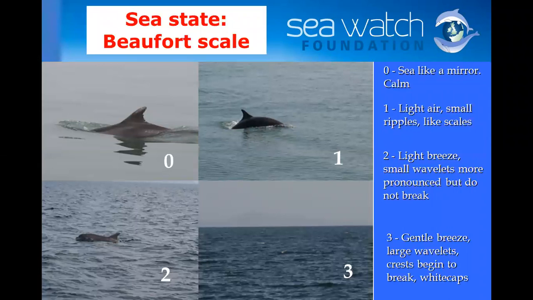You're going to record some environmental parameters, from the land or from the sea. We talked about the sea state. Sea state is described through a scale called the Beaufort scale. We use the scale, which goes from 0 to 10, to describe how the sea looks. So 0 is when the sea is the calmest, and 10 when it is the roughest.